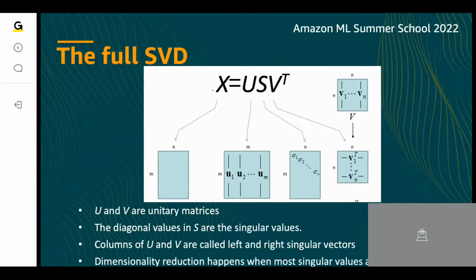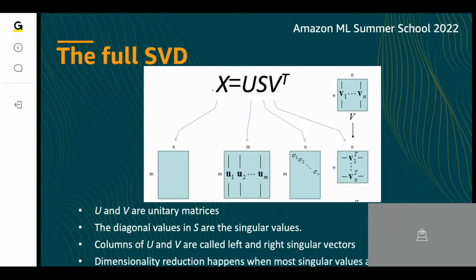The structure of these matrices is that U and V are unitary matrices themselves. The diagonal values of S are singular values, and the columns of U and V are called left and right singular vectors themselves.